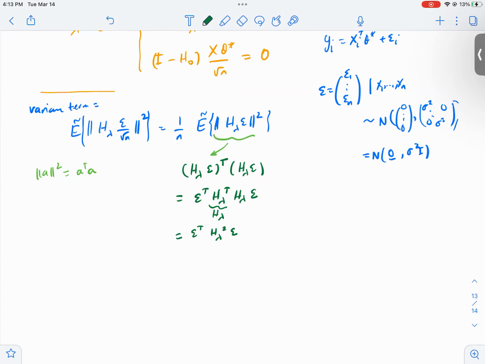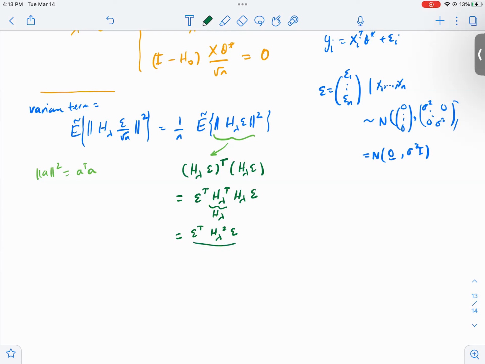So what is the next trick that we have to use here? Does anyone know the trick? It involves the trace of a matrix. What is the trace of a matrix? The sum of the diagonals.